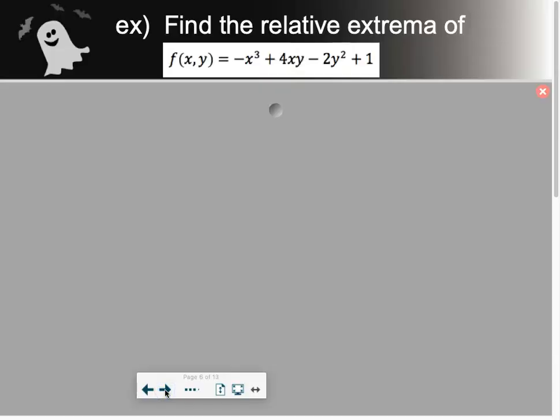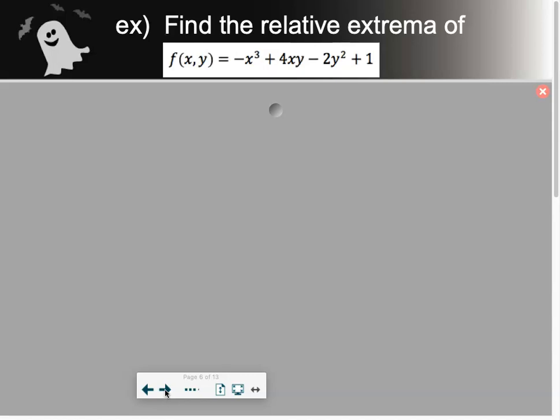All right, so we're going to find the relative extrema of this beautiful cubic. What's the first thing you're going to do with this? What did you say? Find the partial x.